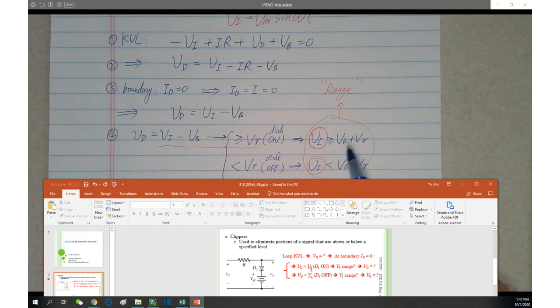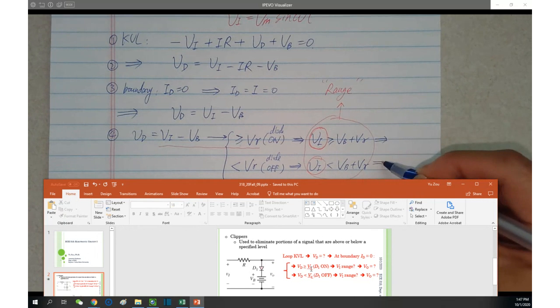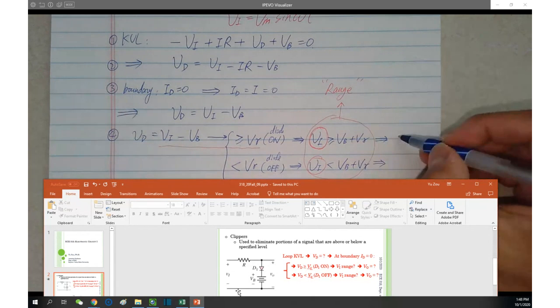And in this range, what's next? The circuit. When the diode is on, what should the circuit look like? Well, we go back to the given circuit. The circuit is just like this.